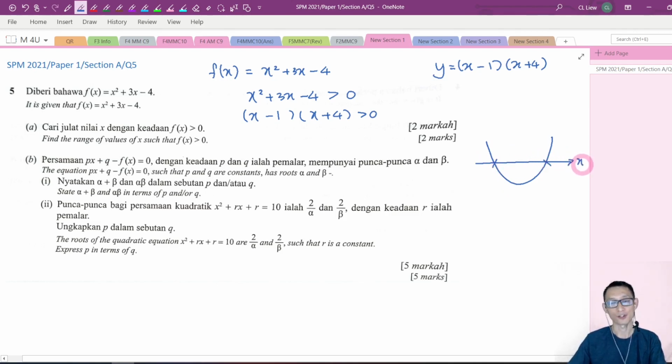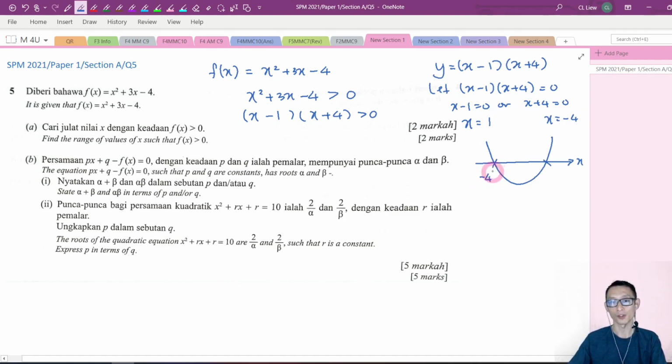This is the x-axis, right? On the x-axis, we know that y is equal to 0. So let this whole thing equal to 0. x minus 1 equal to 0, or x plus 4 equal to 0. From here, we know x is equal to 1 and x is equal to negative 4.